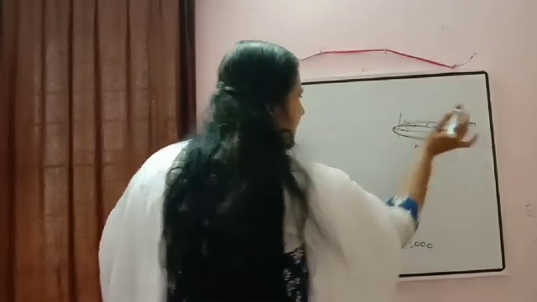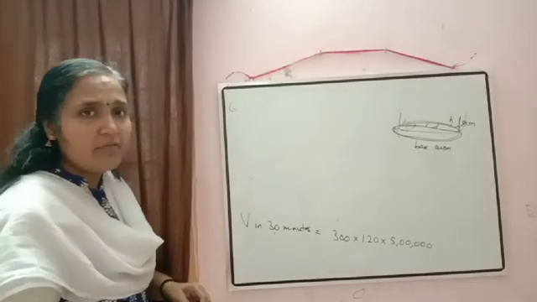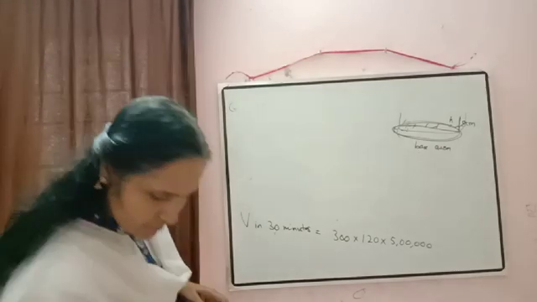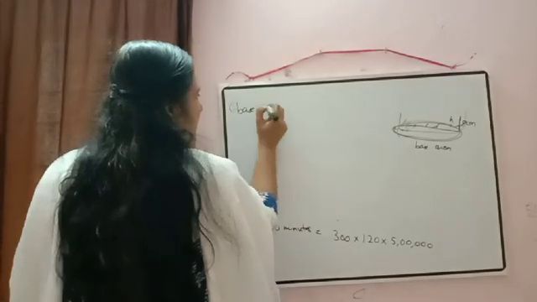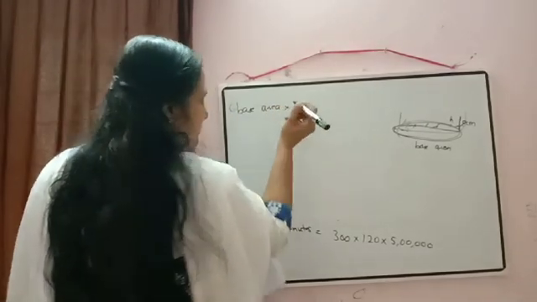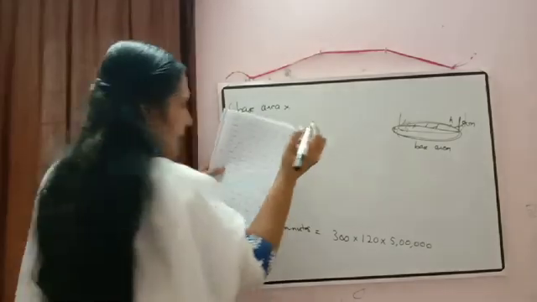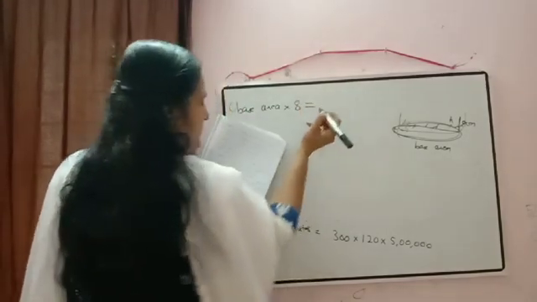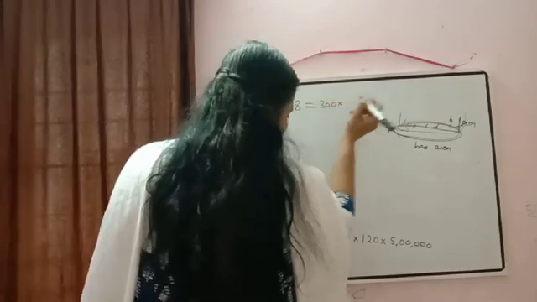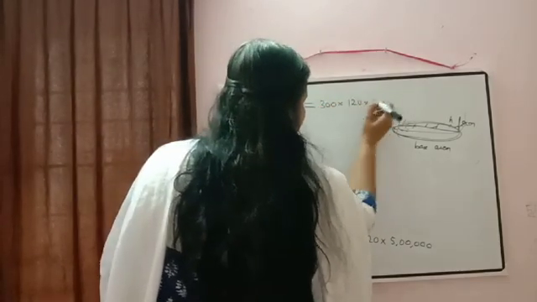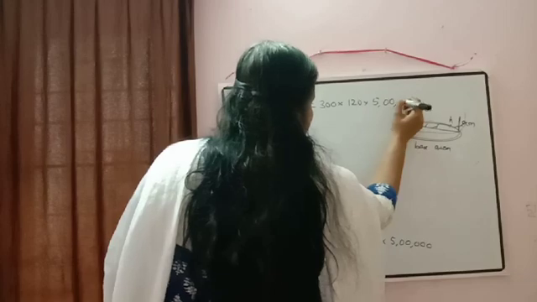Base area into height will be equal to the volume in 30 minutes. So write down base area into height. How much is it given? 8 centimeter. Base area into 8 is equal to 300 into 120 into 5 lakh.